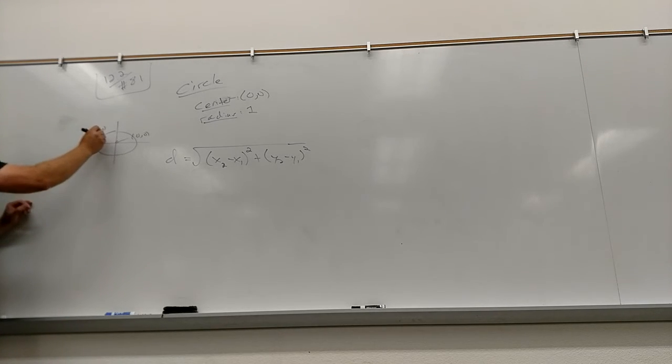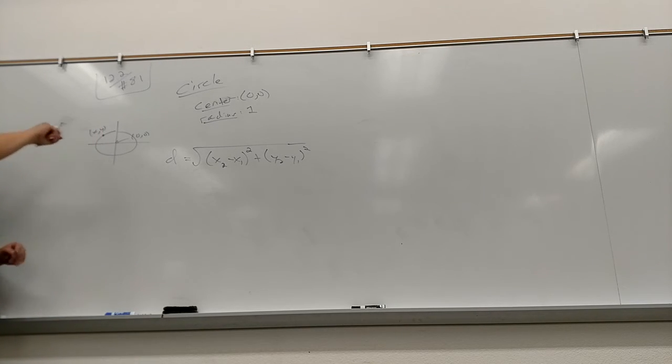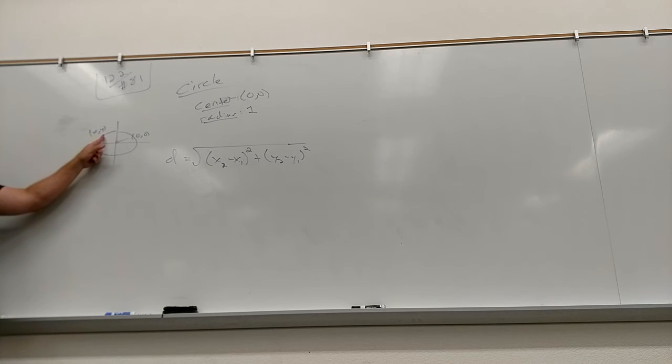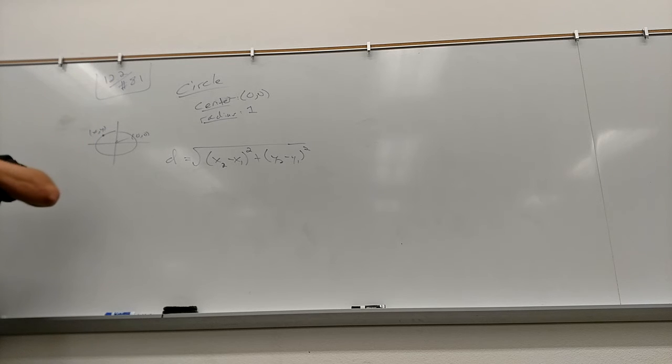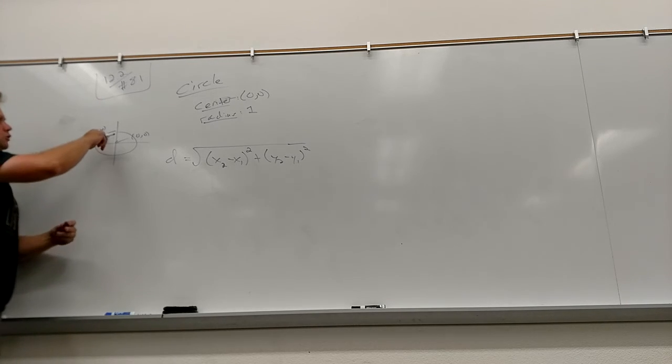So here's some point on the circle. Now stay with me. I know I put the point right there just so I can point to it, but I called the point xy. So really, it could be any point on the circle. But what's got to be true about that point?